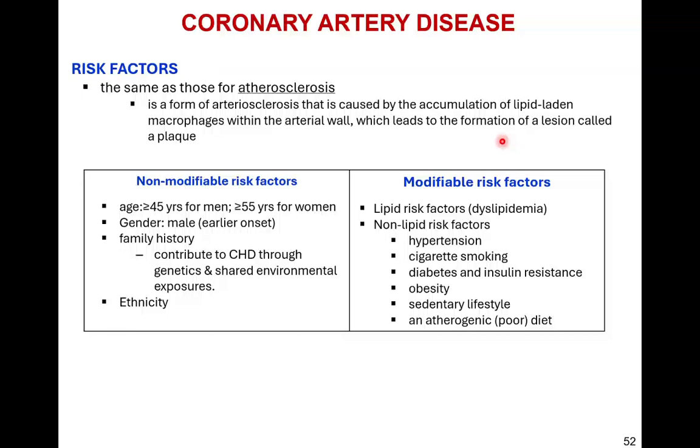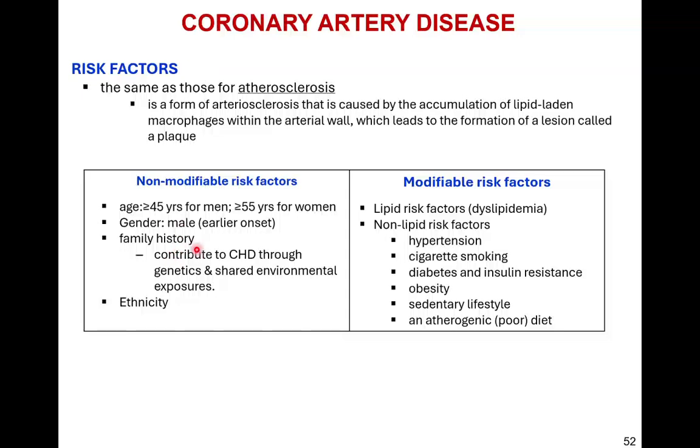We can't change them, much as we'd like to, and we just have to make the best of them. So your age: nobody can slow down their age, even though there's a ton of research and people spending millions of dollars trying to slow down the rate of aging. At the end of the day, your body is going to be 50 years old if you've lived for 50 years. You can't reverse that time.